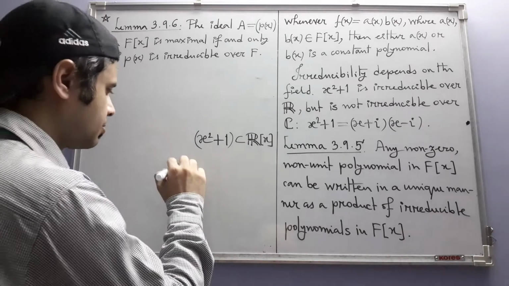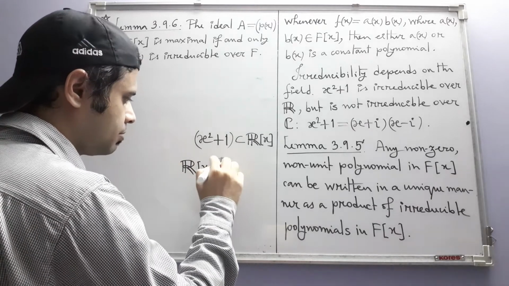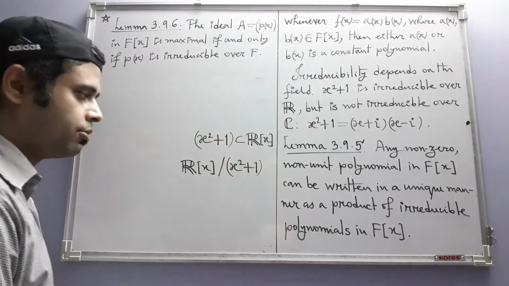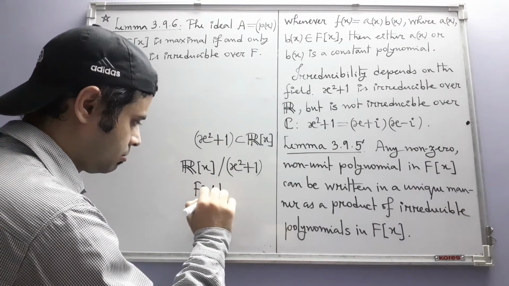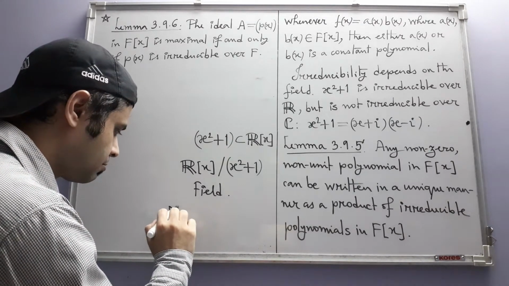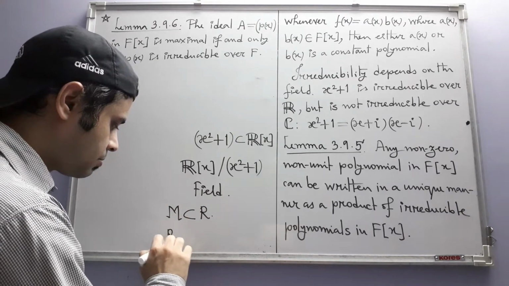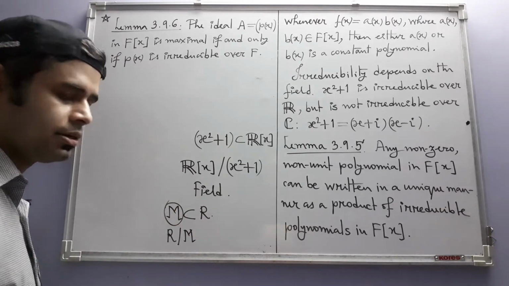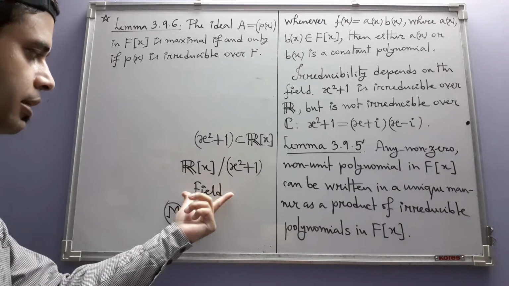So that means if you form this quotient, then this quotient is going to be a field. We have already seen that if you have an ideal in a ring, then the quotient ring is a field if and only if the ideal is a maximal ideal. So that can be applied here, and we can conclude that this is a field.